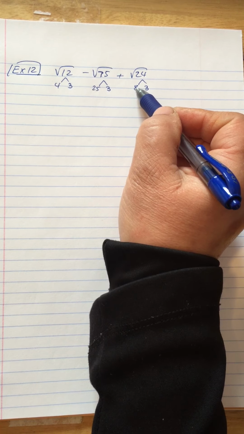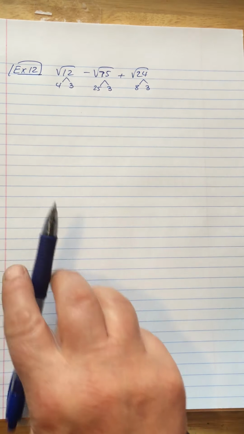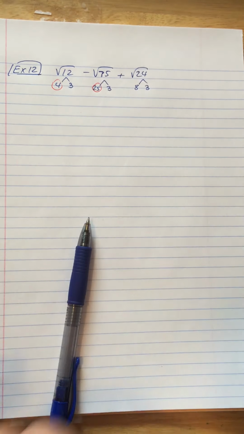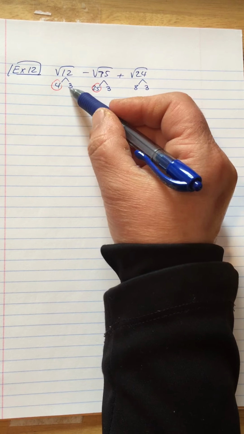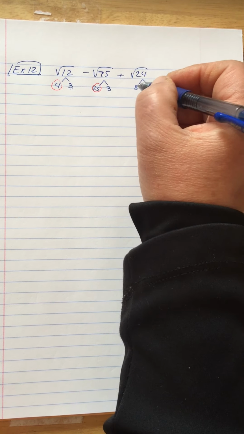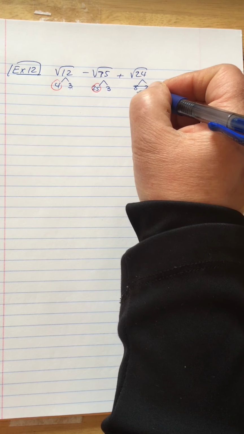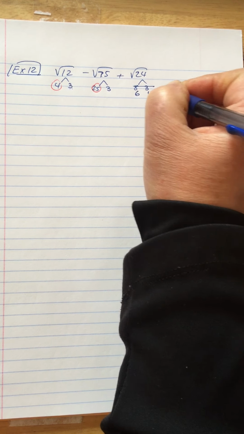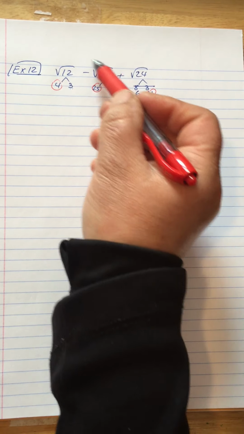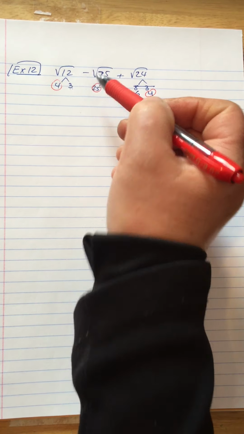Okay, but 8 is not a perfect square number. 4 is a perfect square number. 25 is a perfect square number, so 8 is not. Okay, so they cannot all be left with a 3 inside the square root. So instead of this, we write 6 and 4. 4 is a perfect square number. This is telling us that only those two can be combined at the end.